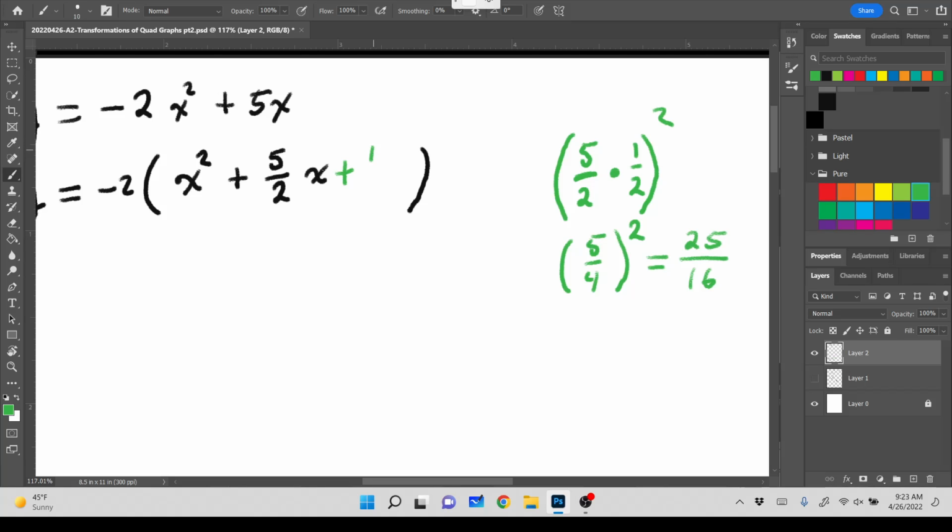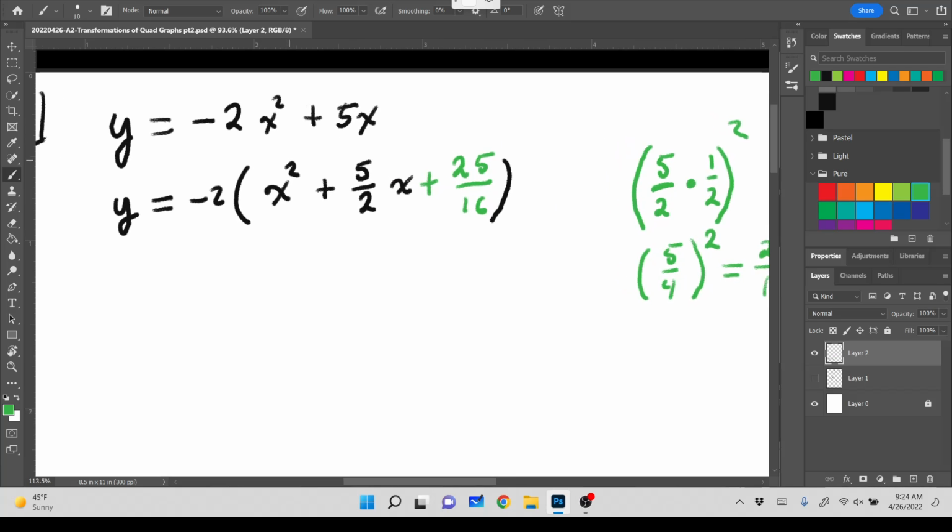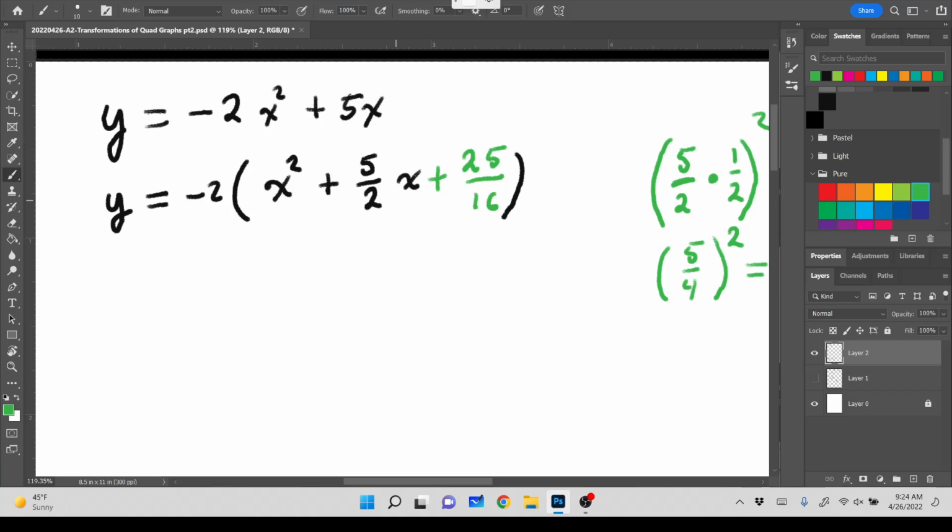Now this is where there's this tricky bit, right? It's been fairly straightforward if you remember the steps so far. This next bit is where it gets a little bit tricky because we're not gonna subtract 25/16, because that doesn't make it work yet.